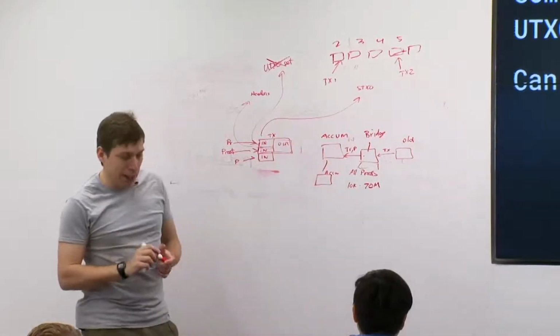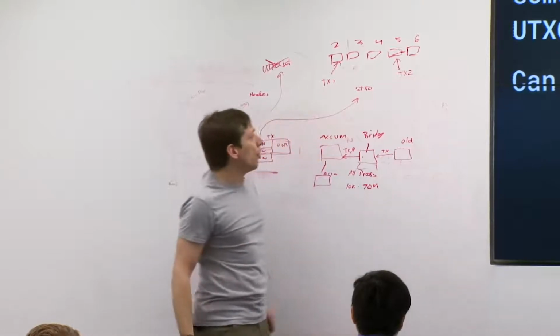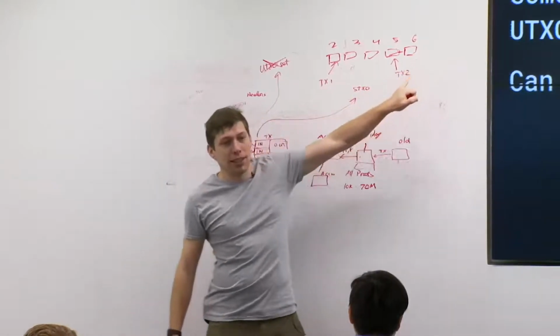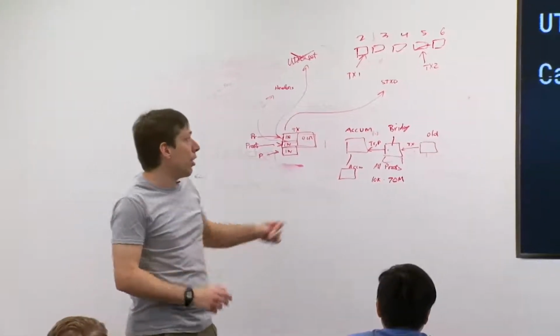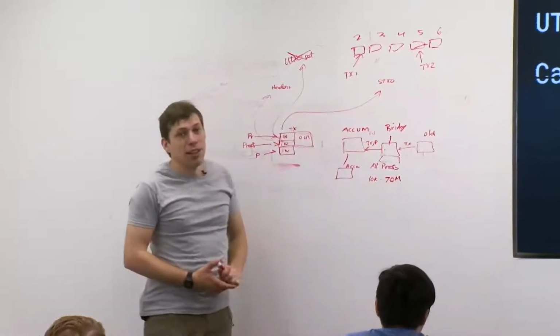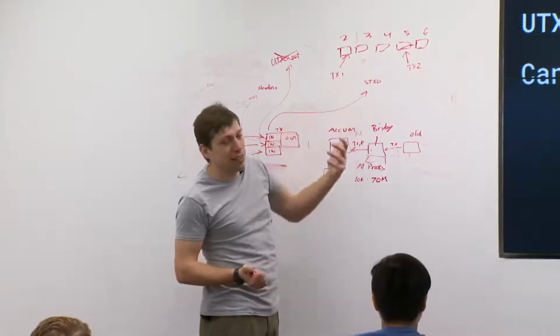But you can't prove, just given, so at block 6, how do I prove that the outputs from transaction 1 still exist at block 6? You're stuck, right? You basically have to go through blocks 3 through 6 and look at the whole thing. So with current SPV proofs, we can prove inclusion, right?